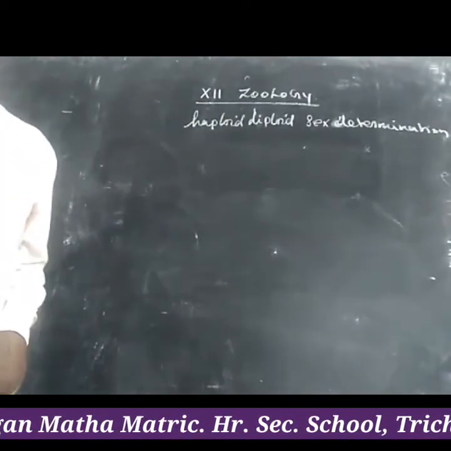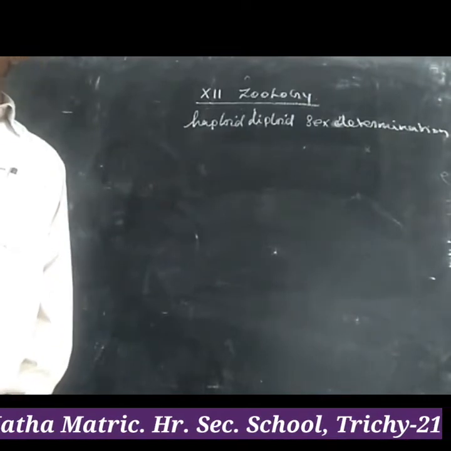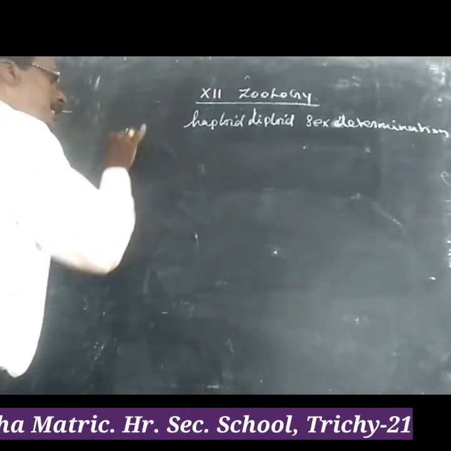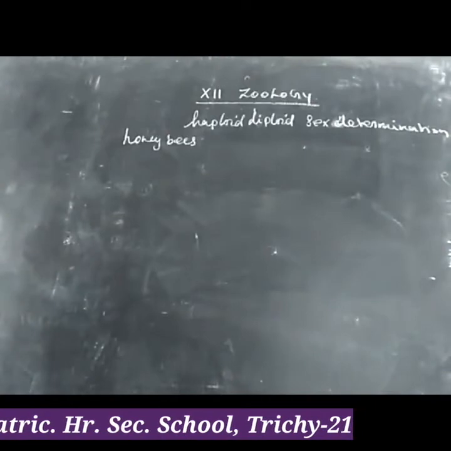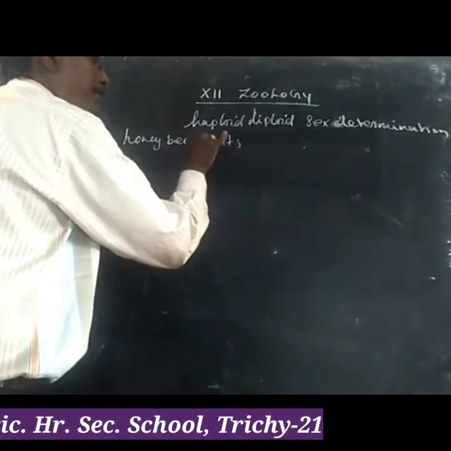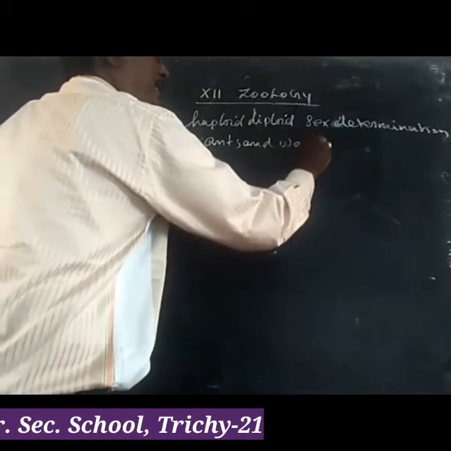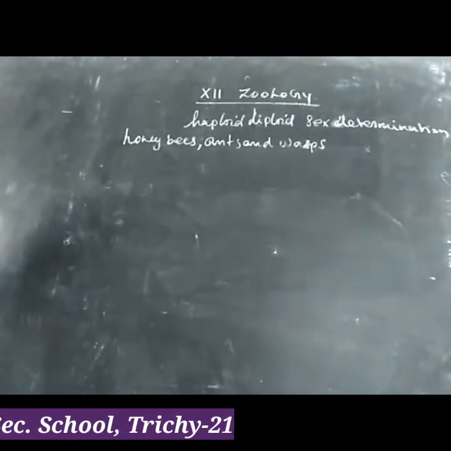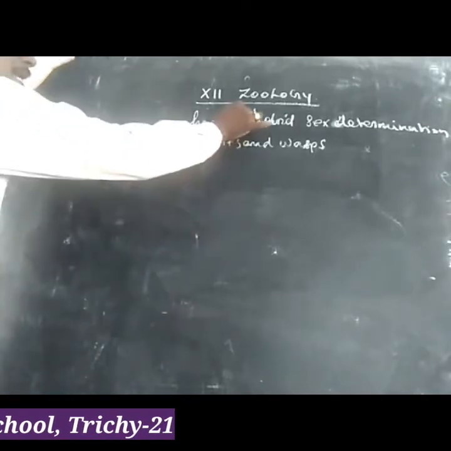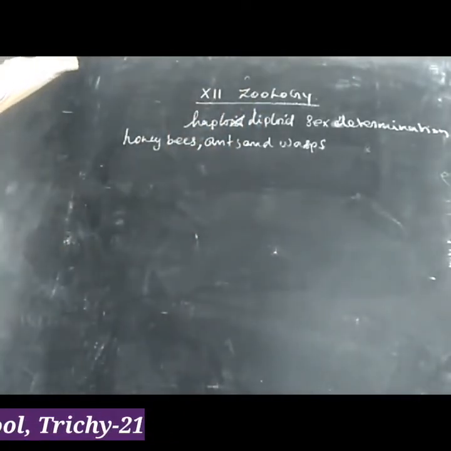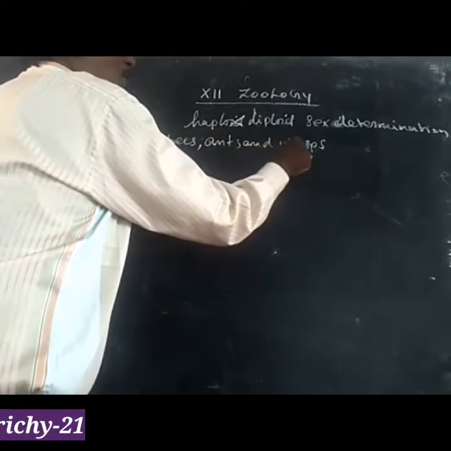Haplodiploid sex determination mostly occurs in honeybees, ants, and wasps, which are insects.